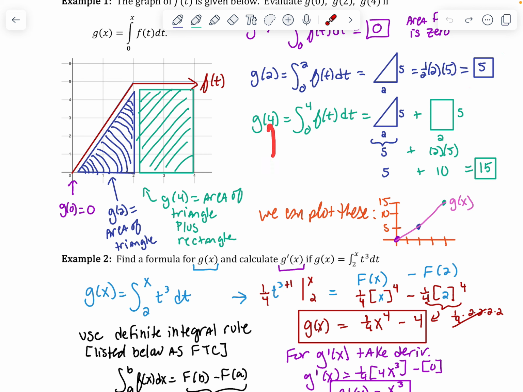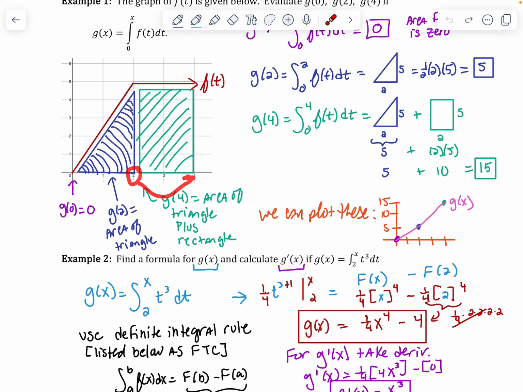We were also asked to find g of 4. So we're integrating essentially from 0 to 4, or finding the area under this curve from 0 to 4. Since we already have the triangle, we just need to find the area of the new rectangle and add that to our existing triangle whose area was 5.